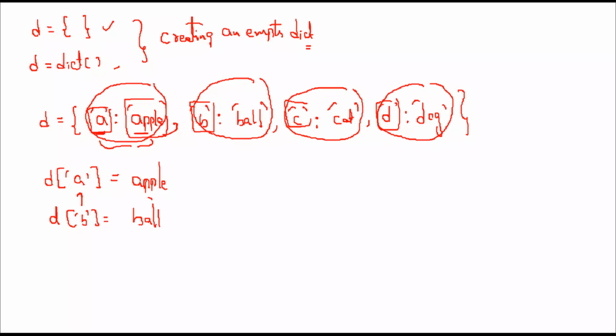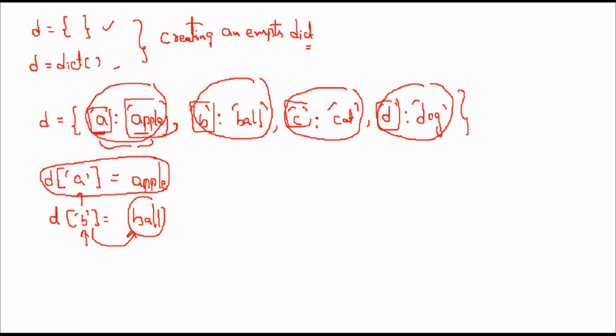That means if you want to retrieve the value, first of all you have to mention its key. That key gives its value. This is the way of retrieving the value from the given dictionary. Please remember that you cannot have duplicate keys in the dictionary. A dictionary always contains unique keys.